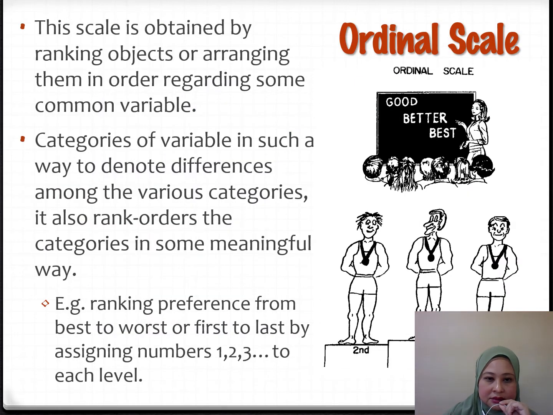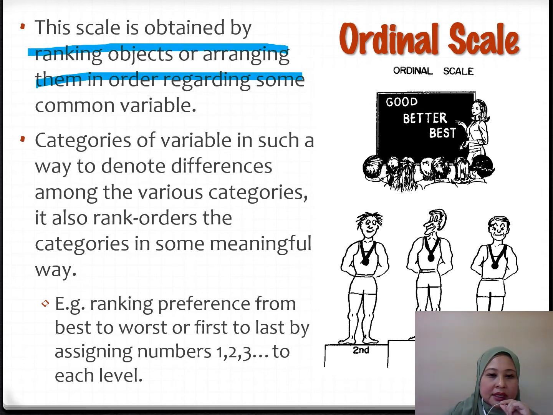Ordinal scale, right? Obtained by ranking objects or arranging them in order regarding some common variable. For example, as I mentioned earlier, if you want to measure the education level, you can start with school levels, completed undergraduate, completed postgraduate.